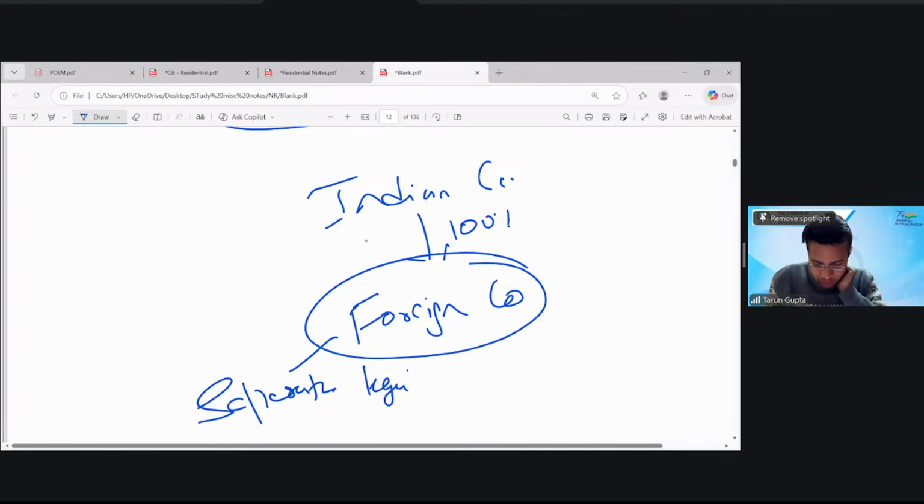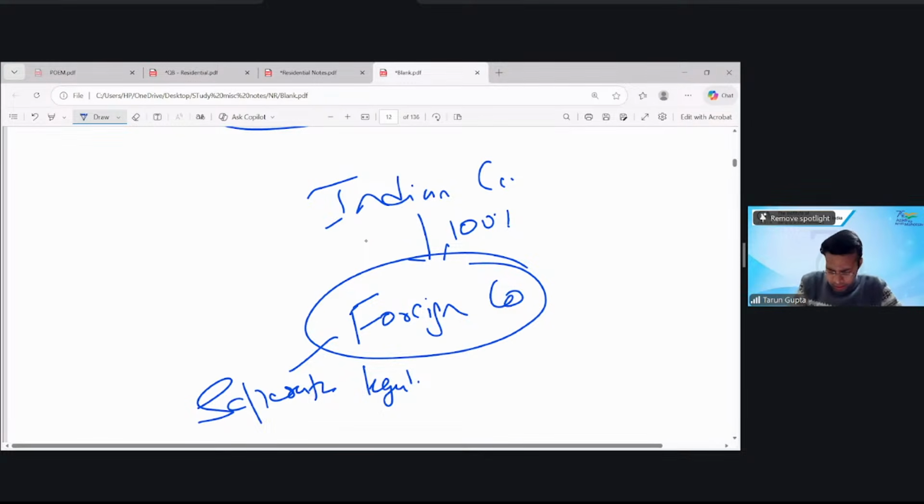Its financials are drawn up separately, separate from the Indian company. There's a different thing that for SEBI you have to consolidate, but otherwise everything is separate from the Indian company.